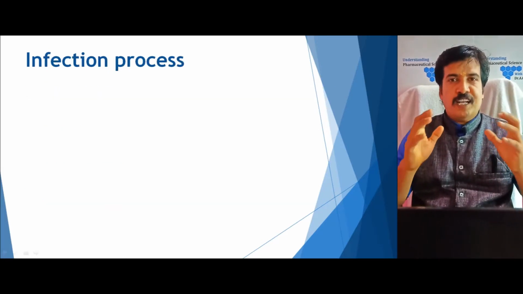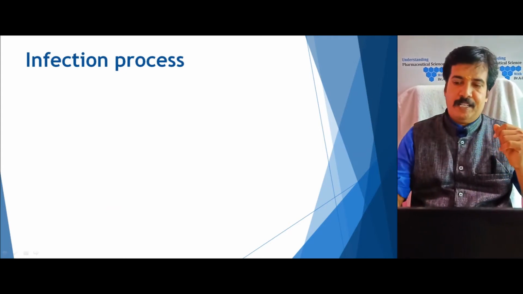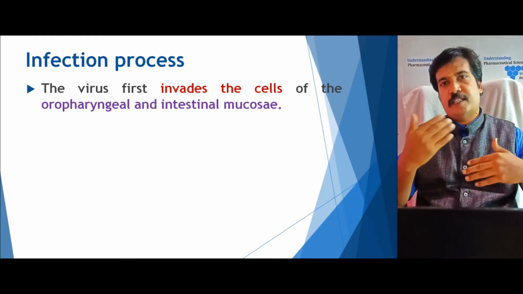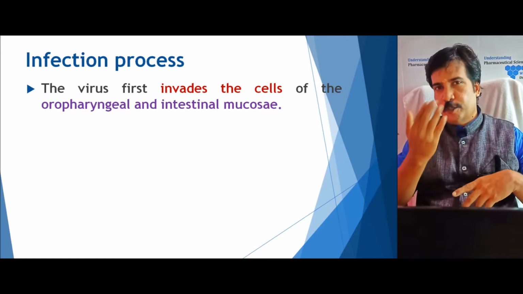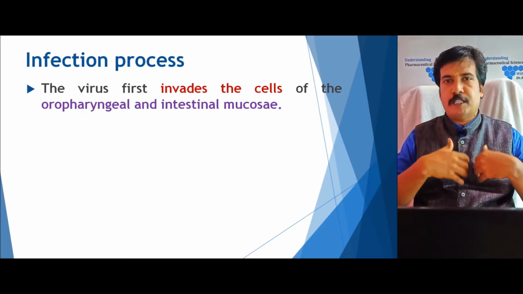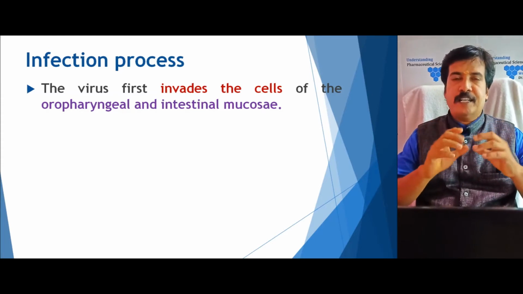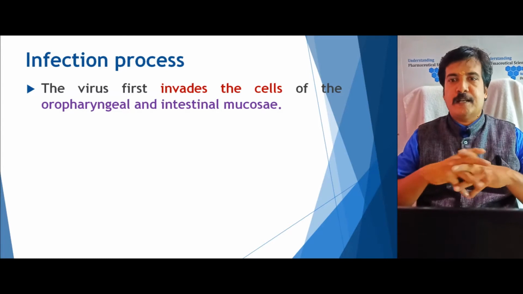If you understand the infection process, this virus invades our body through the oropharyngeal route. It goes through the mouth, then passes to the stomach, and gets internalized into the intestinal mucosal cells.